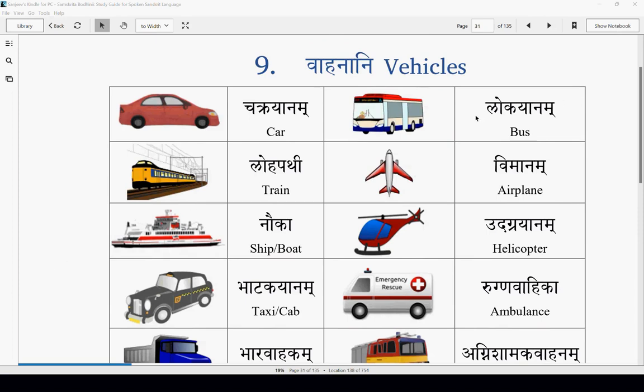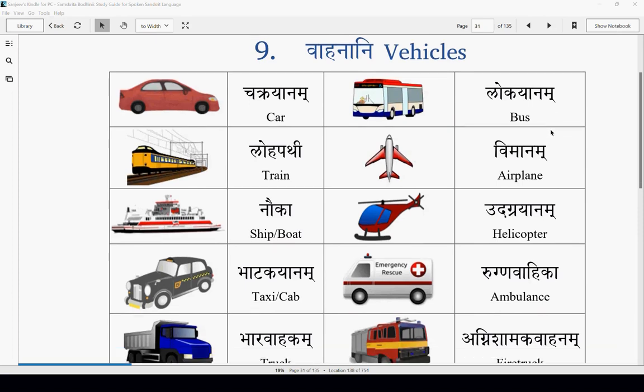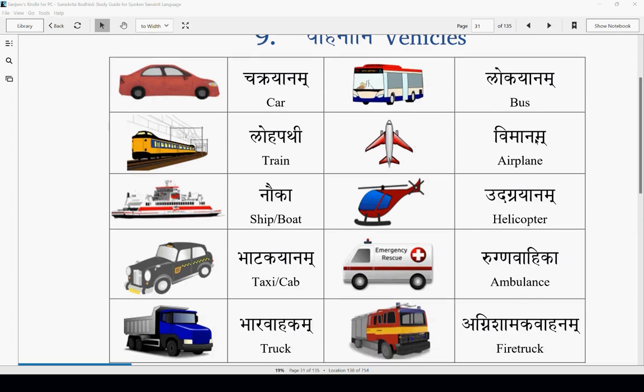So Lokayanam, here you can also call it Janavahika. So generally again the question here comes, which lingam to use? There is no hard and fast rule, but generally because Yanam is Napunsaka-lingam, Yanam and Vahanam can be used for any vehicle.